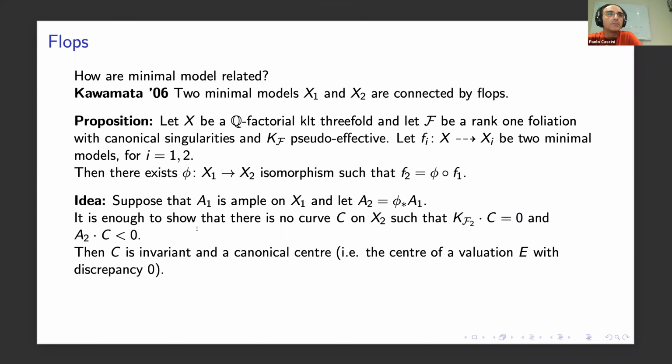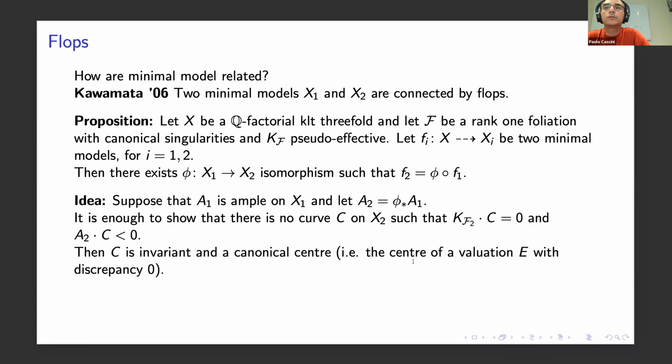What is possible to show, using a theorem by Bogomolov and McQuillan, is that C is F2-invariant, invariant with respect to the foliation on X2. And it's also a canonical center. What does it mean that it's a canonical center?